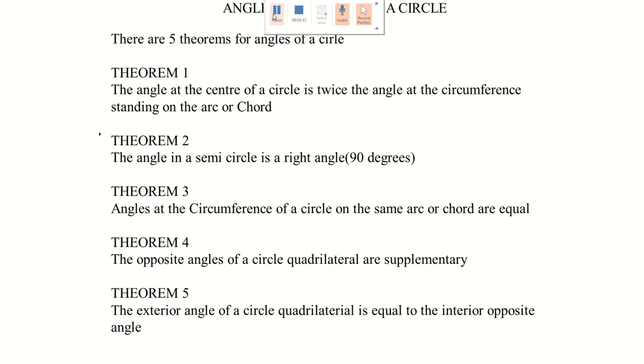So if you have a cyclic quadrilateral and you have a line being extended, the exterior angle would be equal to the interior angle that is opposite it. So these are the rules that you need to learn, and you need to learn how they say this, because some questions, especially with CSEC, ask you to give reasons for your answer, so you do need to remember these terms.